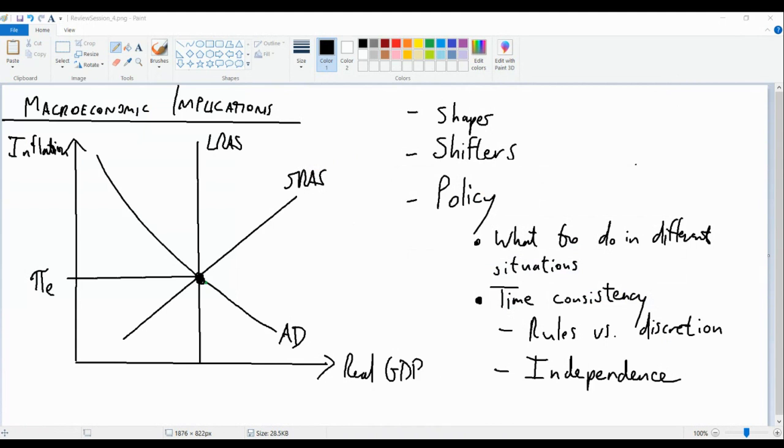Jean writes, are time consistency and time inconsistency the same? Well, they're the opposite of each other, right? The idea is that some things are not time consistent. Something is time consistent if you can credibly commit to doing it. Something is not time consistent if your future self will go against it.